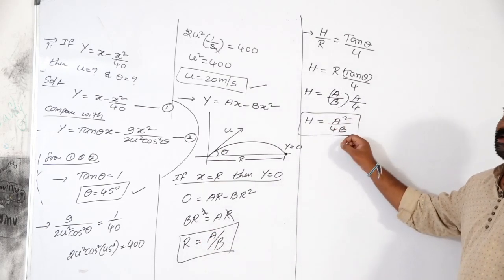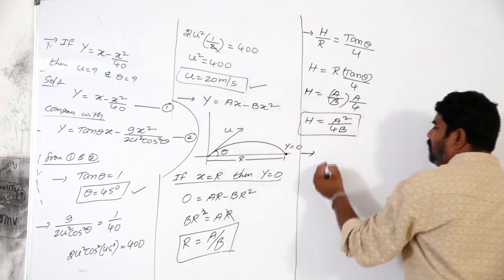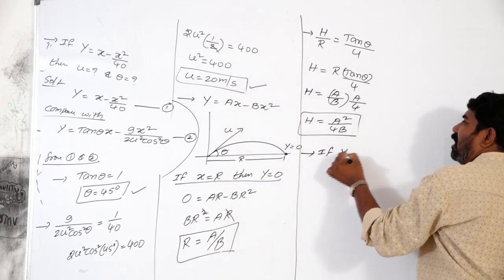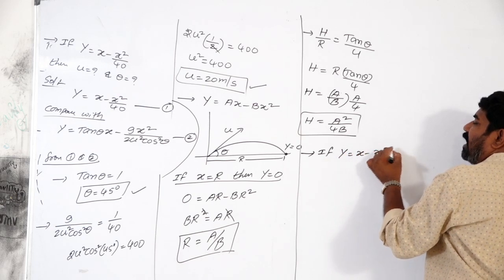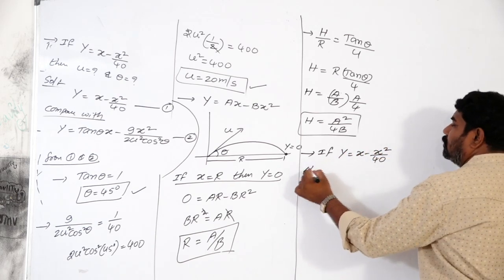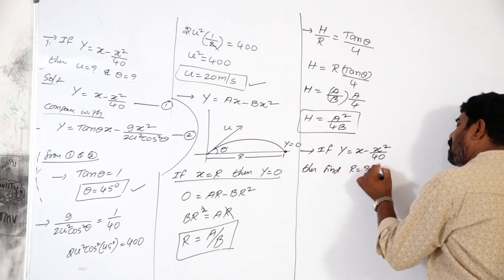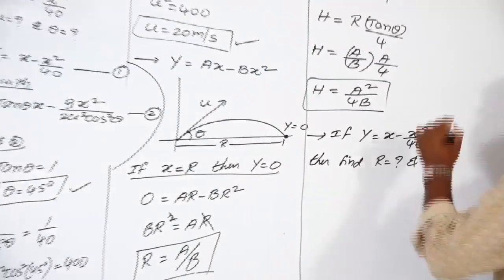A square by 4B. For example, the same problem is given. If y is equal to x minus x square by 40, then find the range and the maximum height.